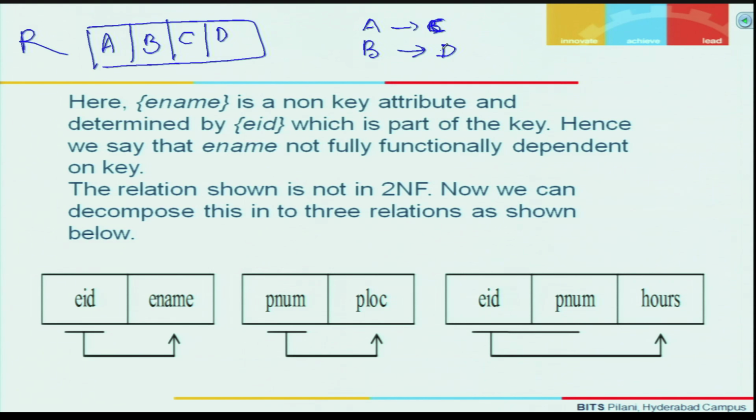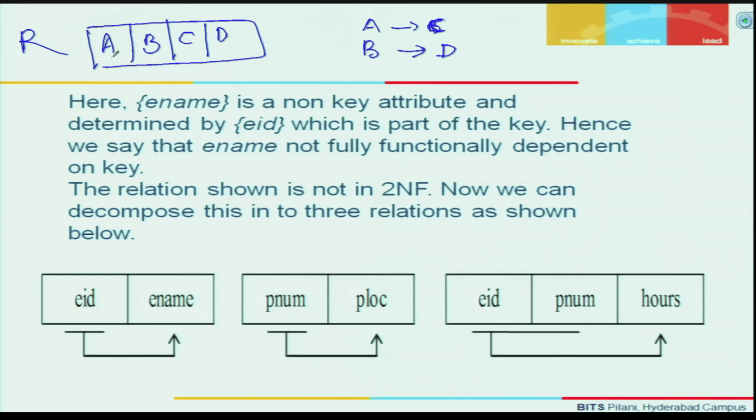Given this kind of situation, first we need to identify the key. What is a key? The definition of a key is a single attribute or combination of attributes which can determine all other attributes. The key provides unique identification to the rows or tuples in the relation.